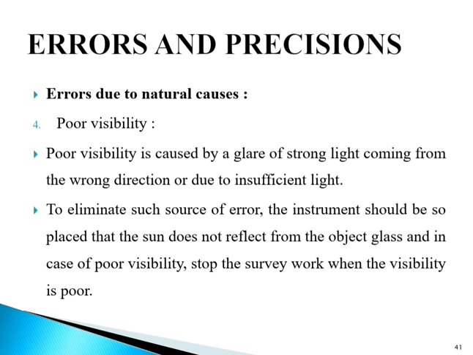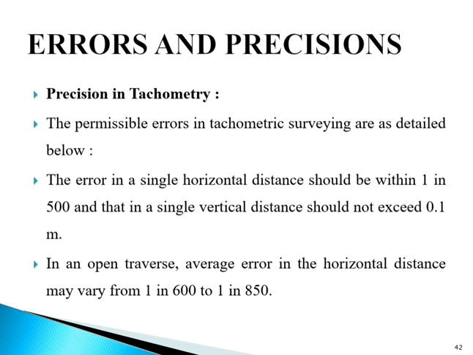And if we talk about precision in tachometry, the permissible errors in tachometric surveying are detailed below. First, the error in a single horizontal distance should be within 1 in 500, and that in a single vertical distance should not exceed 0.1 meter. In open traverses, the average error in horizontal distance may vary from 1 in 600 to 1 in 850.